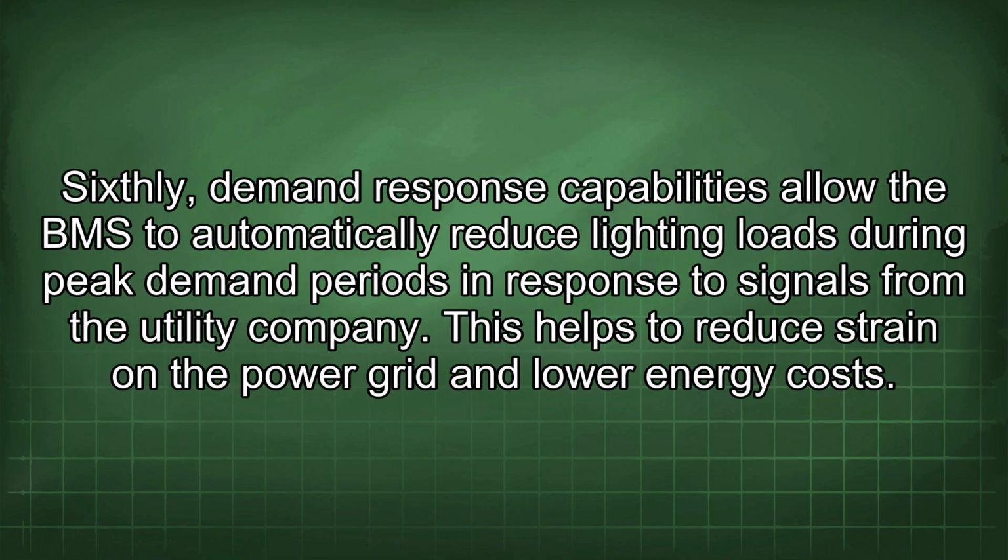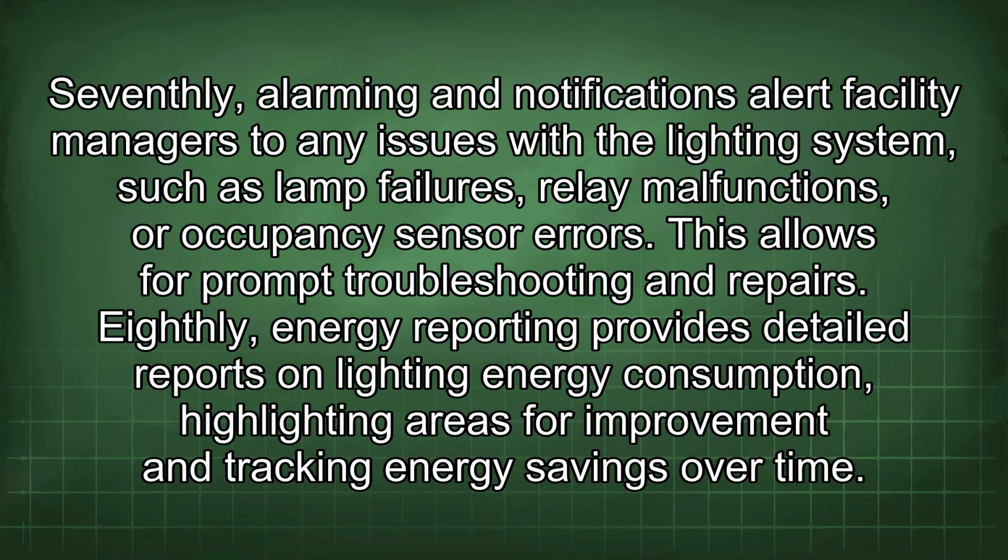Sixthly, demand response capabilities allow the BMS to automatically reduce lighting loads during peak demand periods in response to signals from the utility company. This helps to reduce strain on the power grid and lower energy costs. Seventhly, alarming and notifications alert facility managers to any issues with the lighting system, such as lamp failures, relay malfunctions, or occupancy sensor errors.